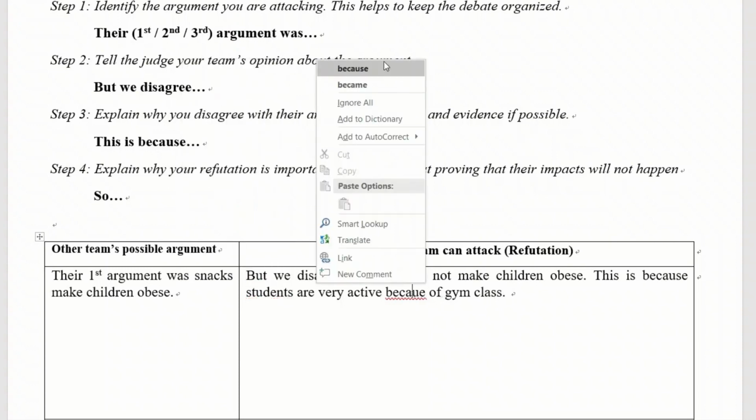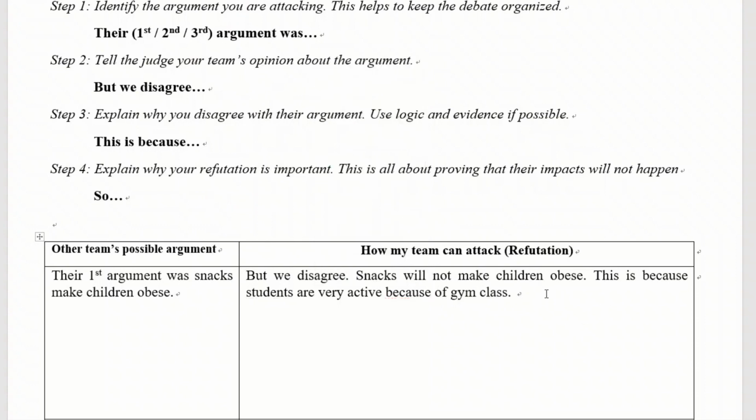Also, students eat healthy school lunches.